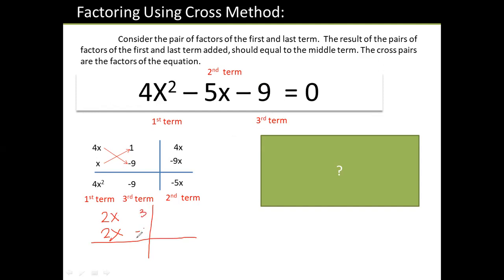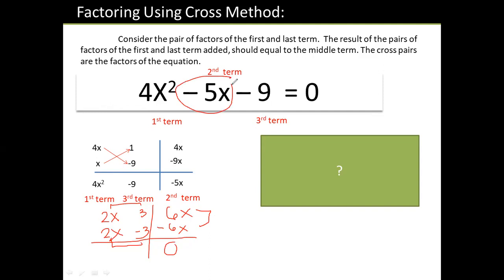All right. So when we multiply 2x times 3, that becomes 6x, right? Correct? Now, when we multiply 2x times negative 3, you have there negative 6x. Okay? But when you combine positive 6x and negative 6x, you will get 0, which is not the second term.